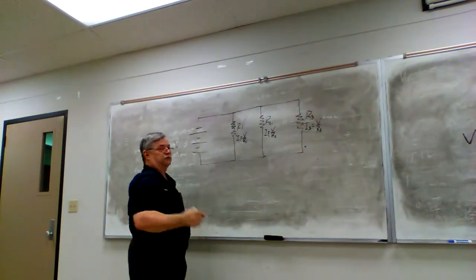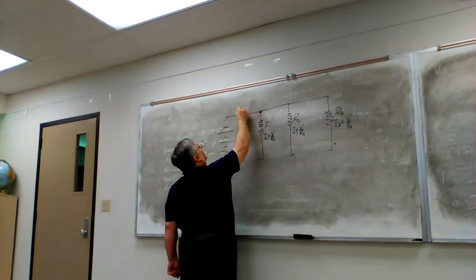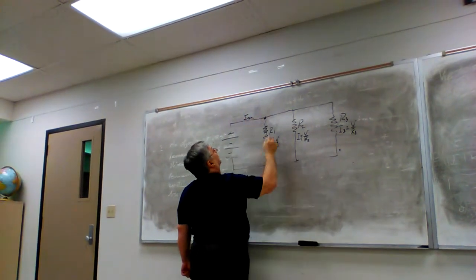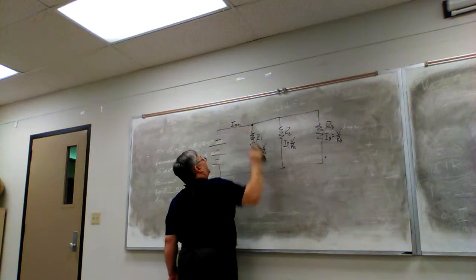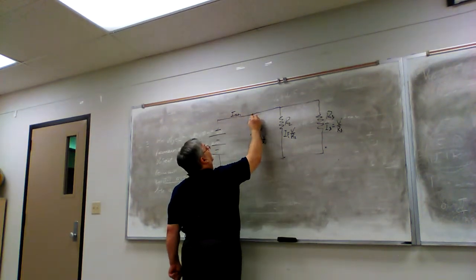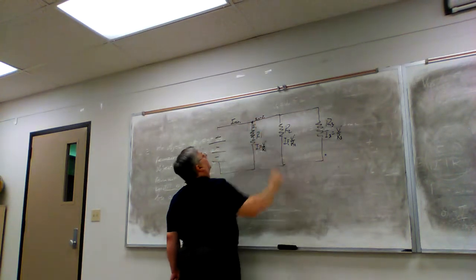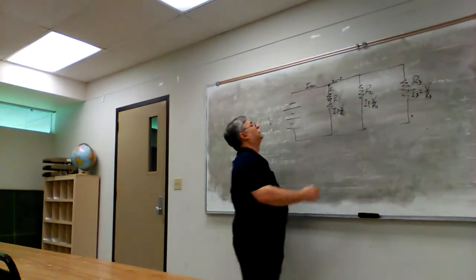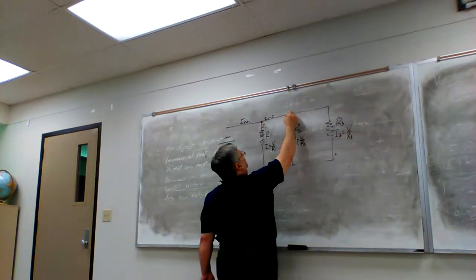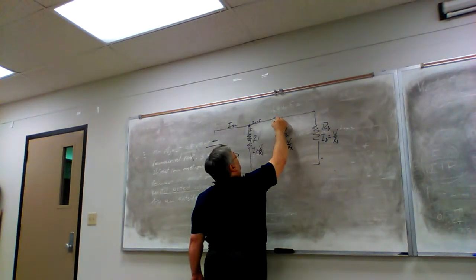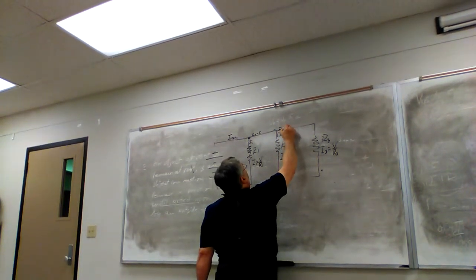Here, Kirchhoff's current law says that the total current coming into any node must equal the currents leaving that node. Here you have the total current minus the I1 entering this node. And you have I2 leaving here, so this must be I total minus I1 minus I2.